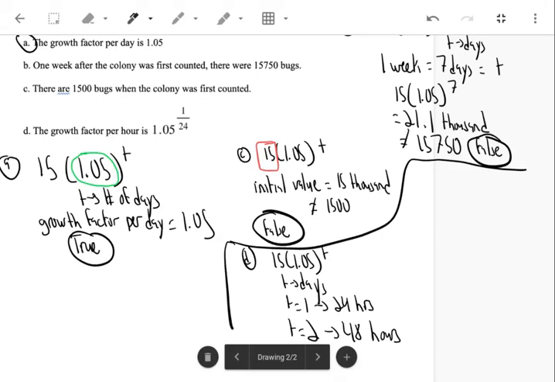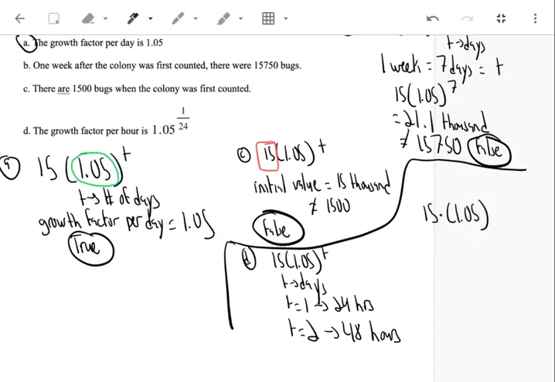So my equation is going to be 15 times 1.05, and now I'm going to use h for hours. It's going to be to the power of h over 24. Right? To figure out my exponent, if I take the number of hours and divide it by 24, that will convert it to days. So h in this case is hours.